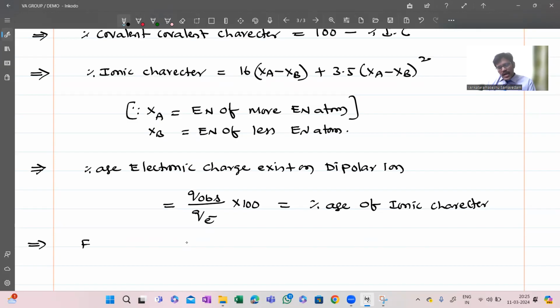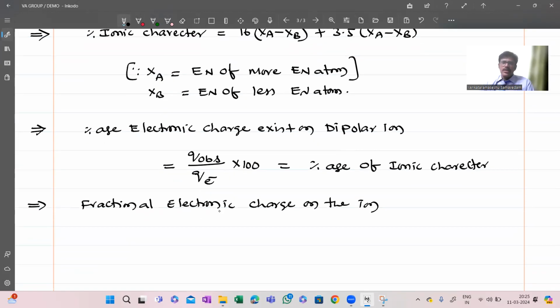If you want the fractional electronic charge on the ion, fractional charge is nothing but what? Q observed divided by the charge of the electron.